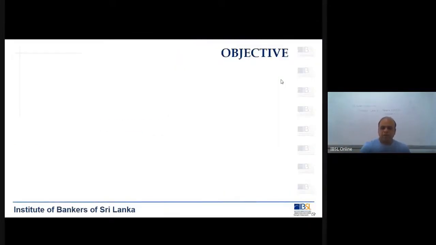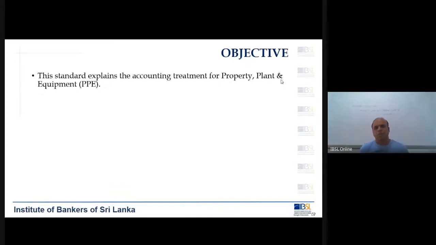The objective of the standard is to explain the accounting treatment, that is, how you account for certain items in your financial statements, for property, plant, and equipment that you have purchased.